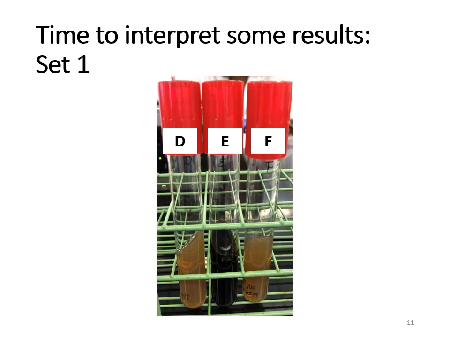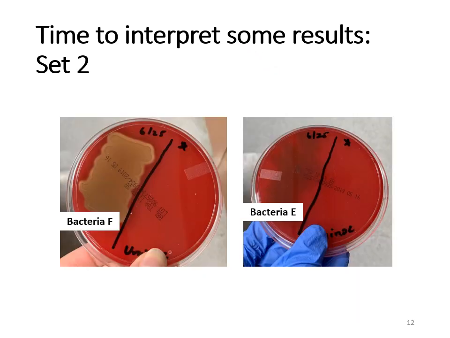Okay, so here is the first set of results that you will be asked to analyze and interpret. And notice that I put the bacterial identities on them in terms of unknown identities. So this will be tube D, tube E, tube F. You then have set number 2.